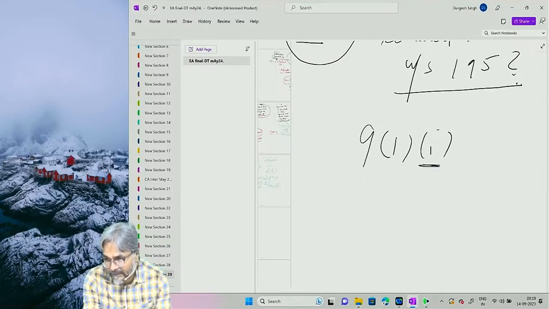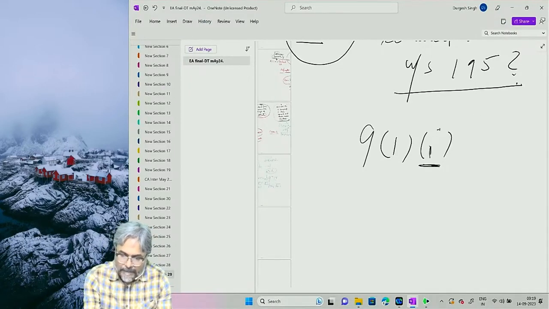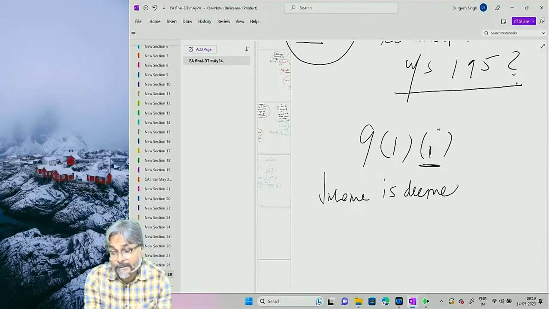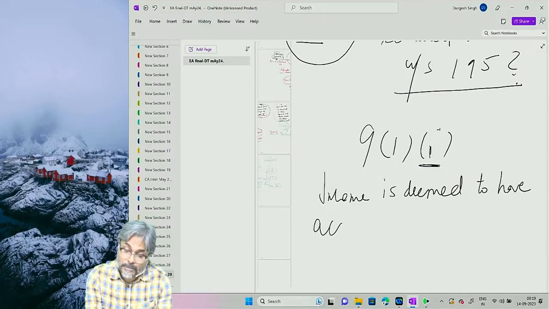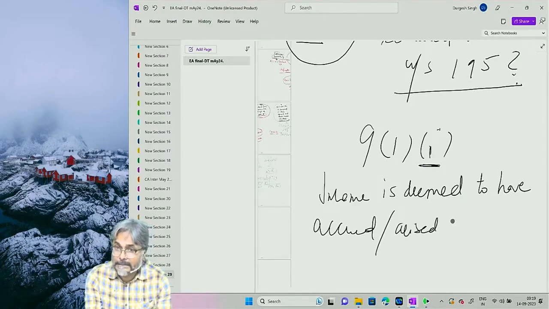Right now I am hitting the first one. As per section 9(1)(i), income is deemed to have accrued or arisen in India.